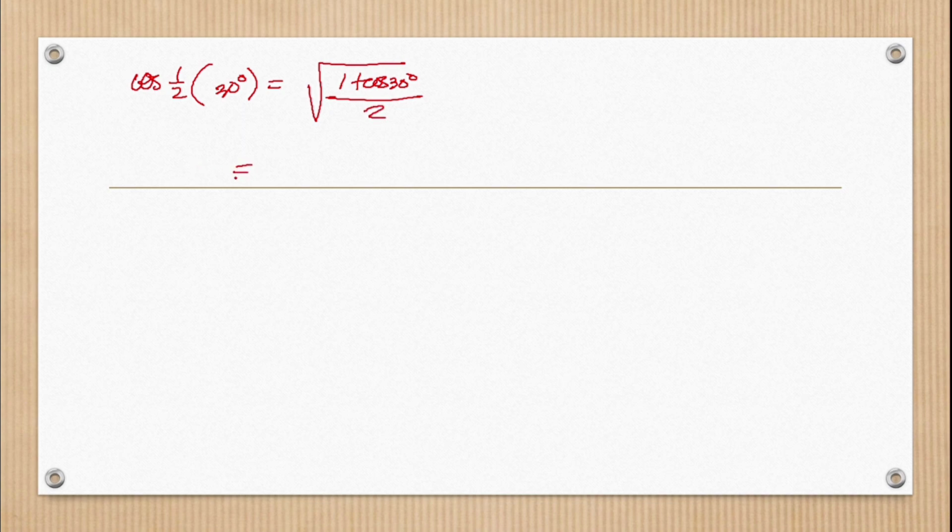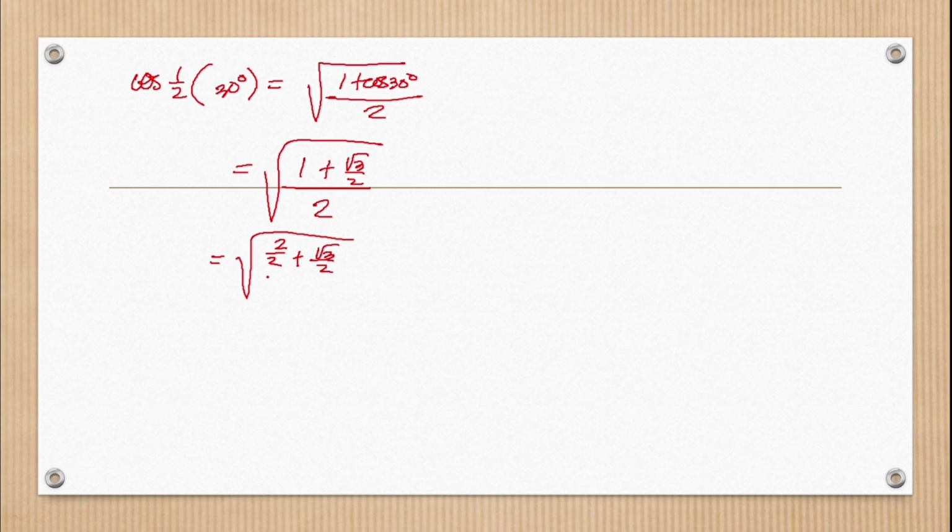So we have the answer: the square root of 1 plus the square root of 3 over 2, all over 2, is equal to the square root of 2 over 2 plus the square root of 3 over 2, all over 2. So we have the answer, the square root of 2 plus the square root of 3 over 2, over 2.